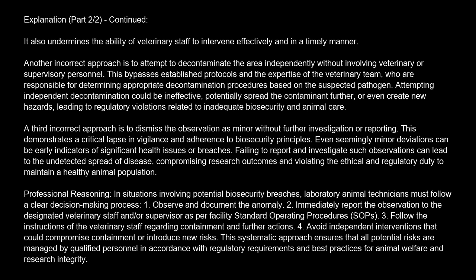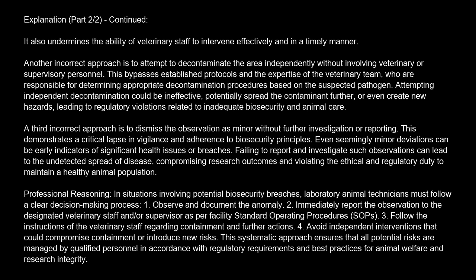Professional reasoning. In situations involving potential biosecurity breaches, laboratory animal technicians must follow a clear decision-making process. 1. Observe and document the anomaly. 2. Immediately report the observation to the designated veterinary staff and or supervisor as per facility standard operating procedures, SOP. 3.